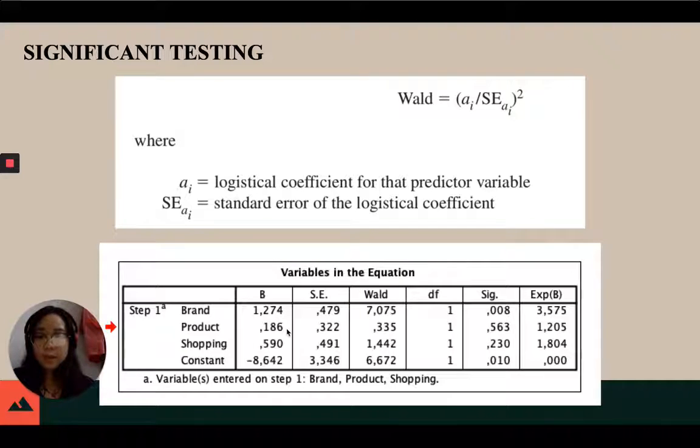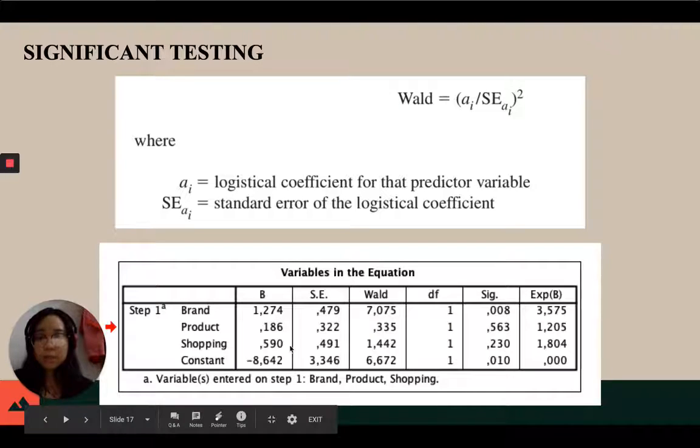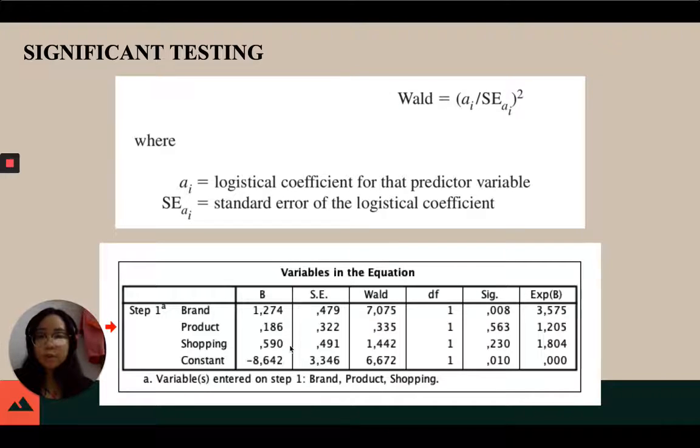And the attitude toward the product category and the attitude toward shopping do not influence the brand loyalty. So if the manager wants to improve the brand loyalty, they should focus only on the attitude toward brand, not product and shopping.